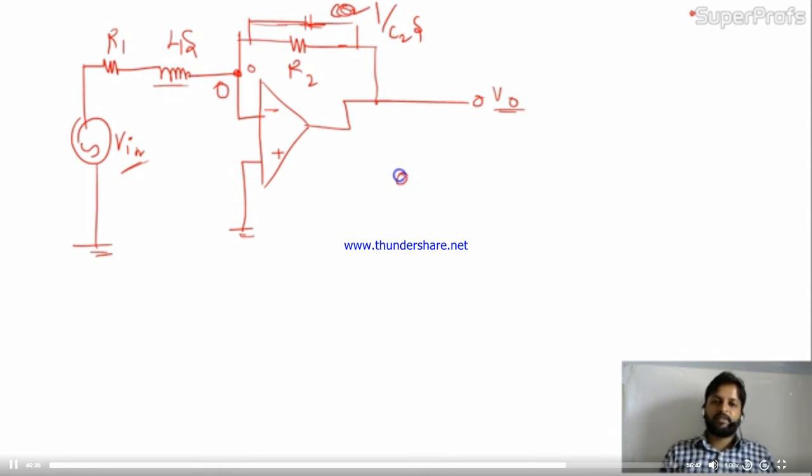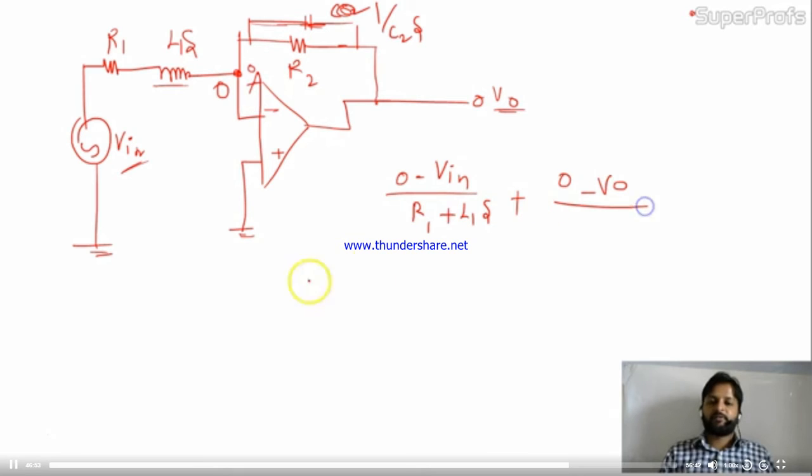Now I have to apply node analysis. It will be 0 minus V in divided by R1 plus L1S, plus 0 minus V0 divided by the parallel combination of R2 and 1 by C2S.